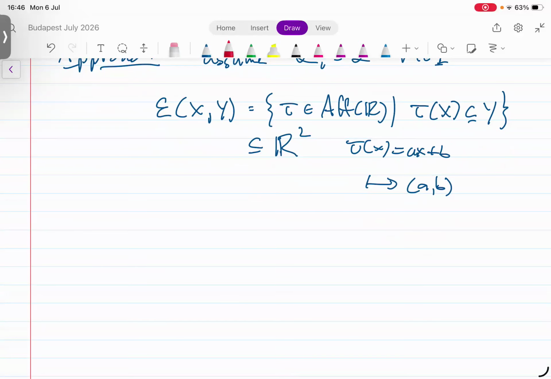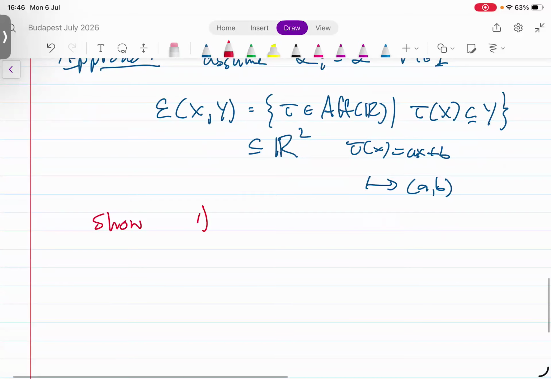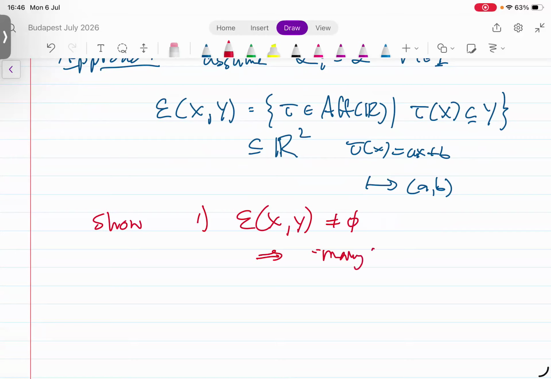So the approach is to show first that if there exist any embeddings, then there are many embeddings. Maybe I'll say it differently: if E is not empty, then E is large.